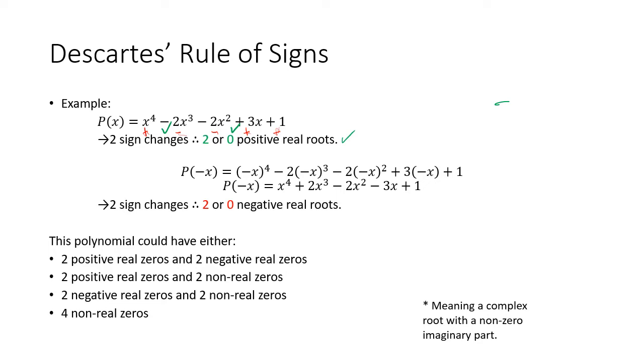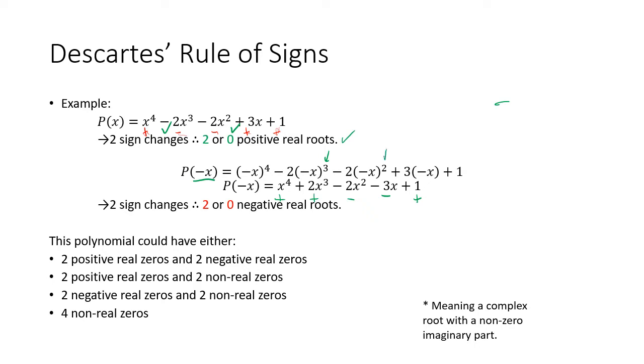Now, to find the number of possible negative real roots, we do the same thing, except now we first have to evaluate the polynomial for negative x. When you do that, you end up with x to the fourth plus 2x cubed minus 2x squared minus 3x plus 1. If this is confusing to you, just know that if you're evaluating for negative x and you have an odd power, the sign will change.